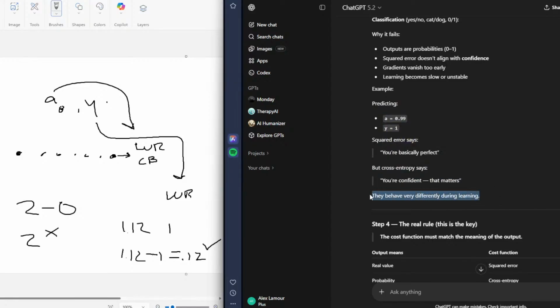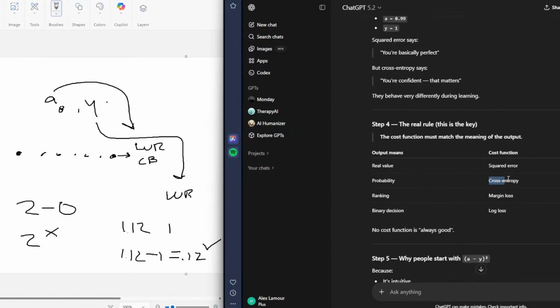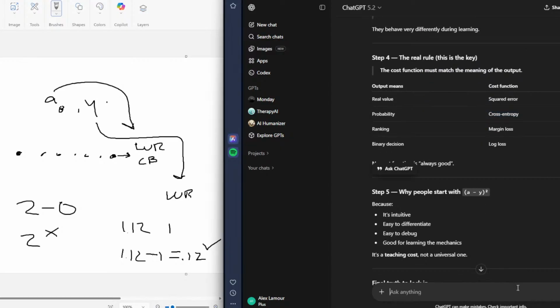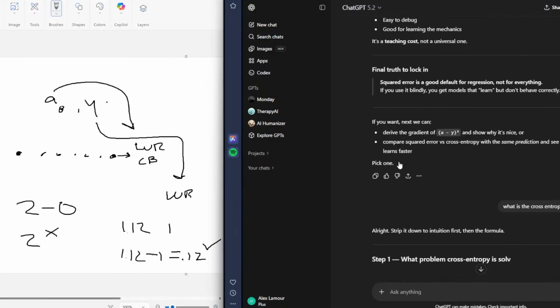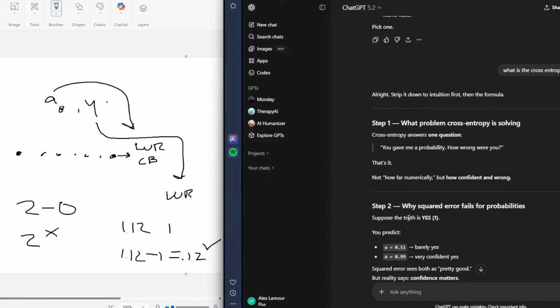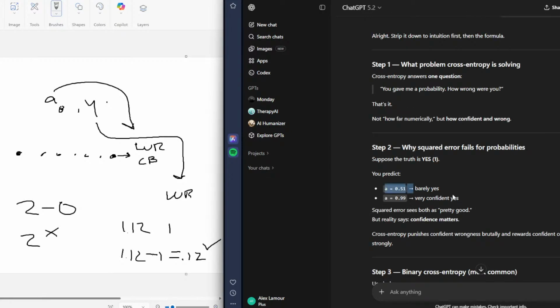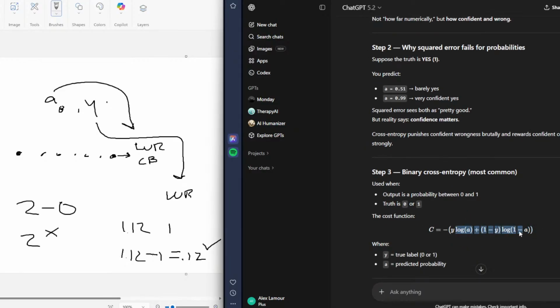It doesn't deal with confidence, gradient descent too early. So I'm going to be working with cross entropy cost, right? So what is the cross entropy function? It was the log stuff.